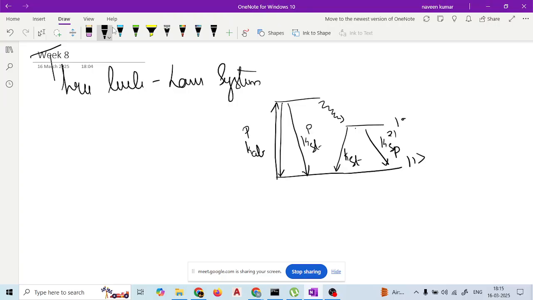This is the first, second, and third energy level state. So non-radiative. So this is a three-level system.